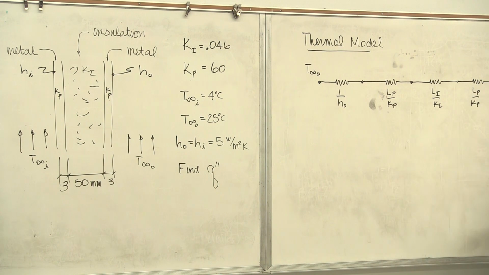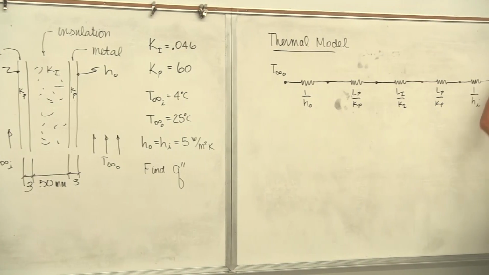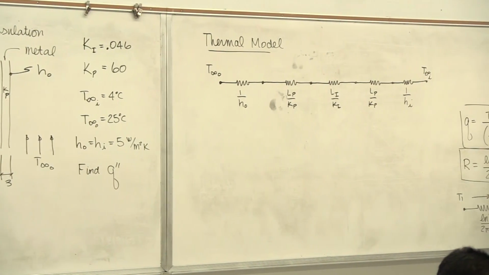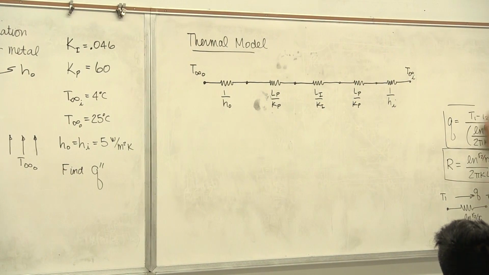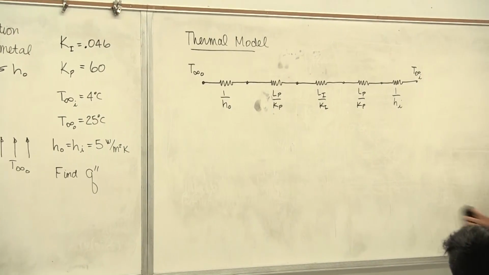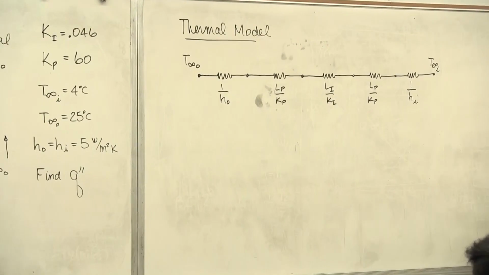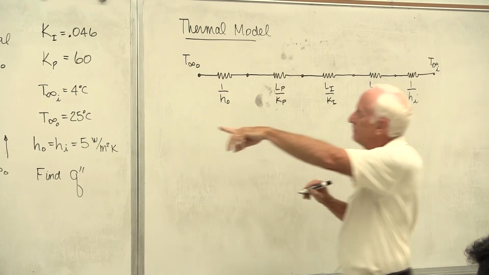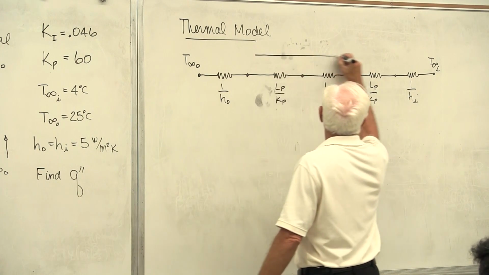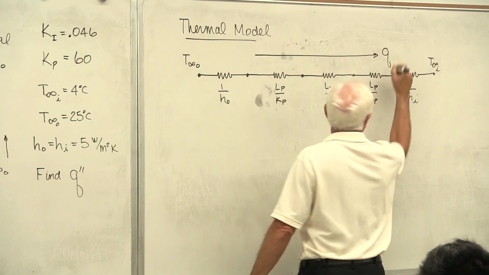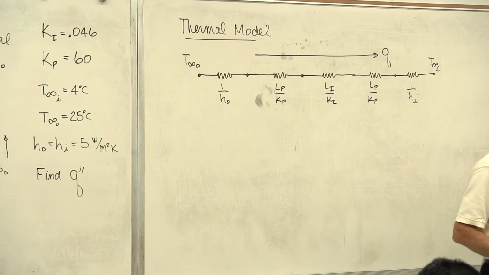Okay, there we go. We have all the numbers. And by the way, this is a series connection of resistors. 1, 2, 3, 4, 5 resistors.